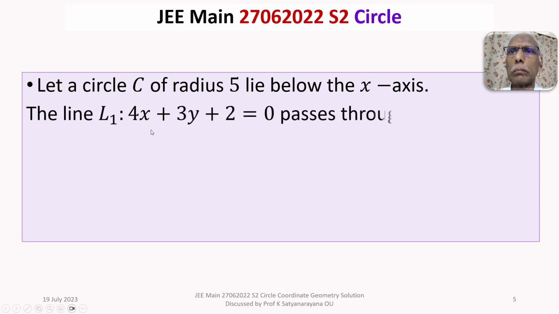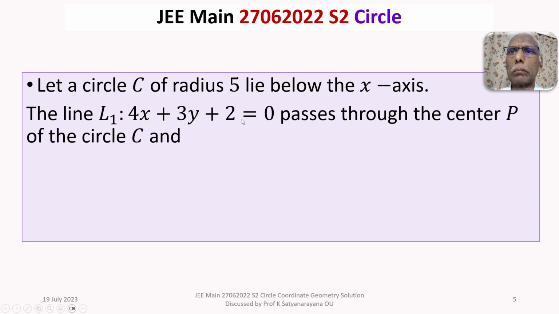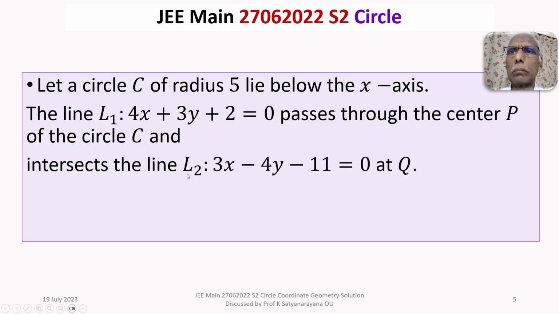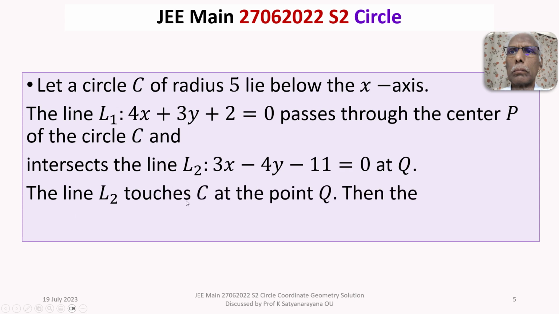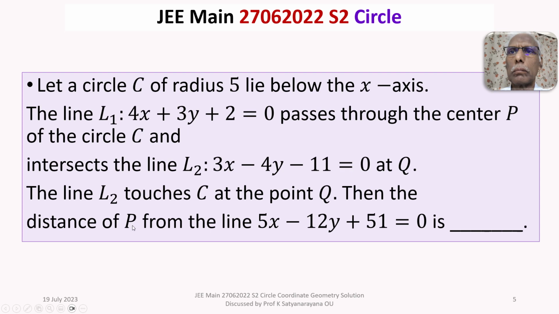The line L1 given by 4x plus 3y plus 2 is equal to 0 passes through the center capital P of the circle C and intersects the line L2 given by 3x minus 4y minus 11 is equal to 0 at Q. The line L2 touches C at the point Q. Then the distance of the point P from the line 5x minus 12y plus 51 is equal to 0 is.